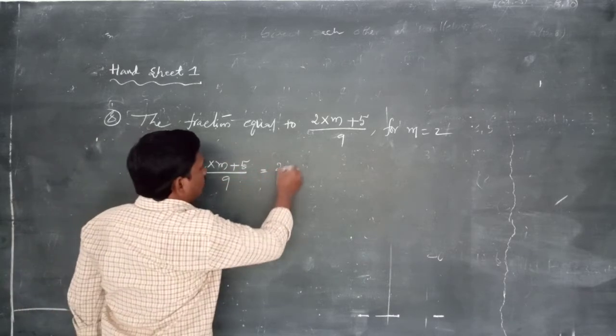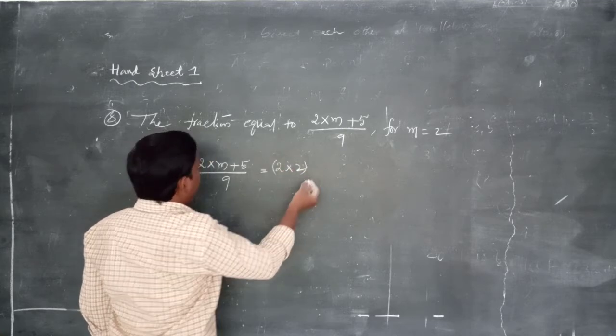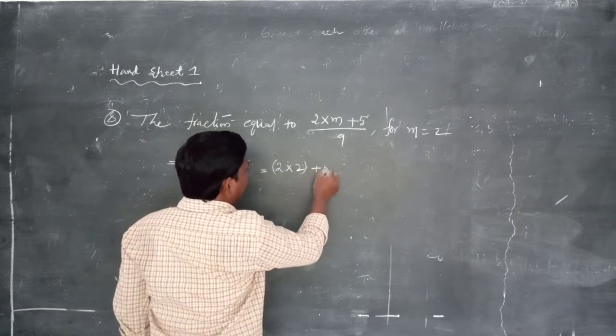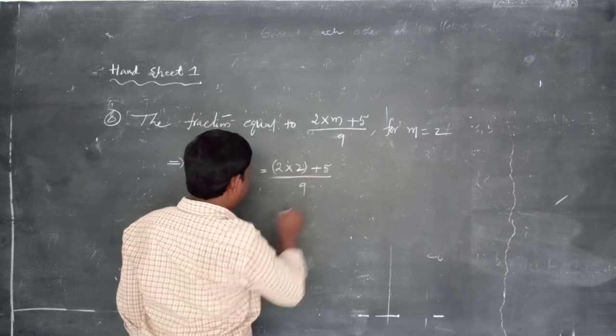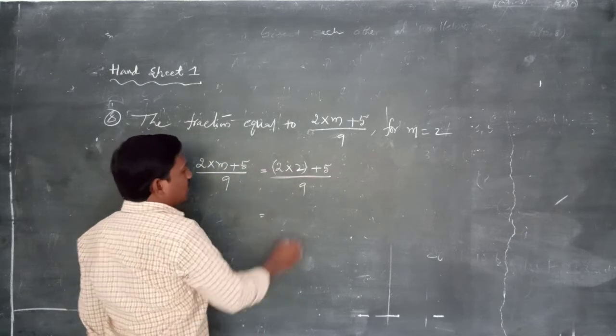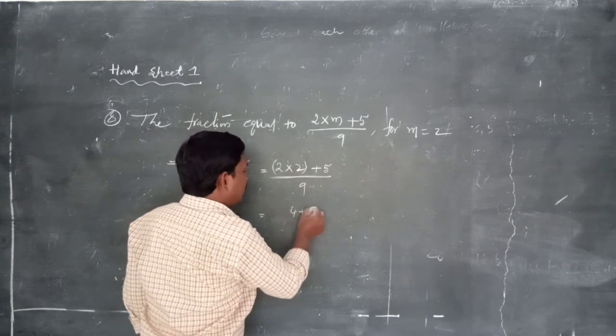2 into m means 2 bracket, plus 5 by 9. 2 2s are 4. 4 plus 5 by 9.